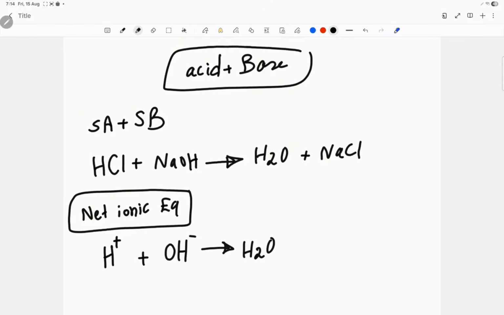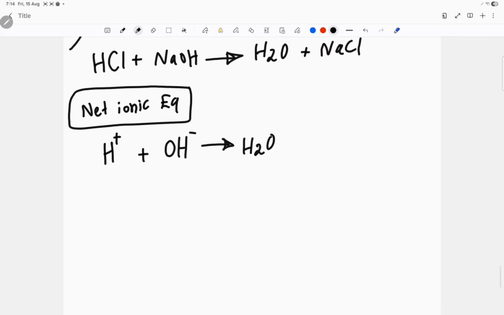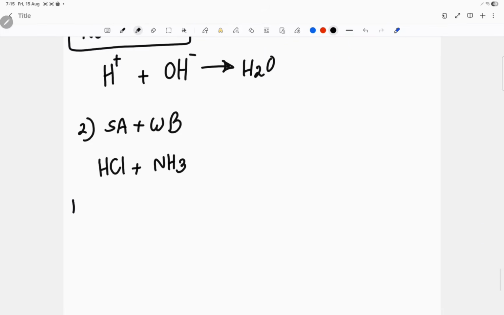That's called the net ionic equation for an acid-base reaction, yes, only for acid-base reactions. Let's try another one. Let's try a strong acid with a weak base, something like HCl with NH3. I only want you to tell me my net ionic equation.